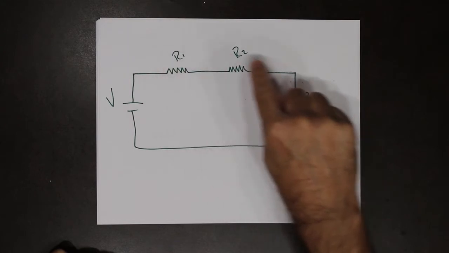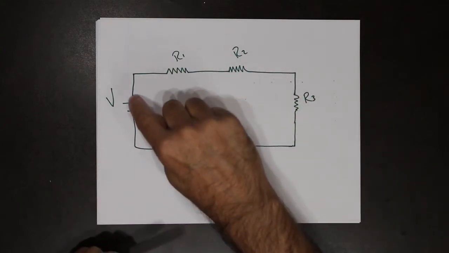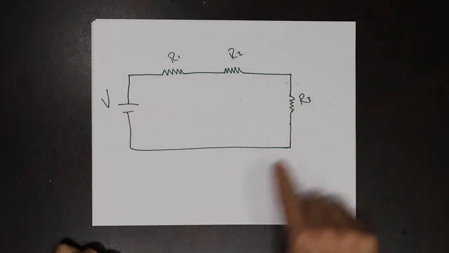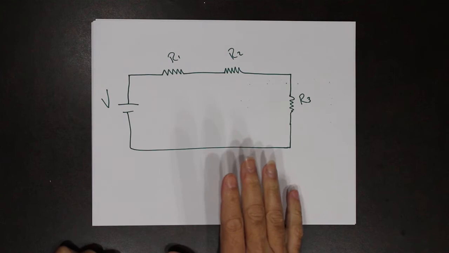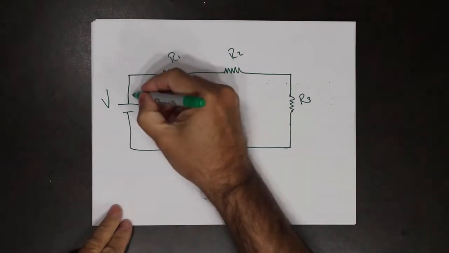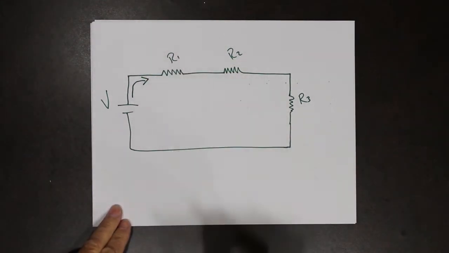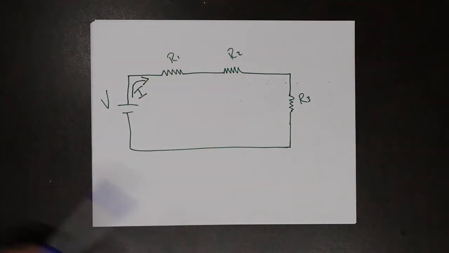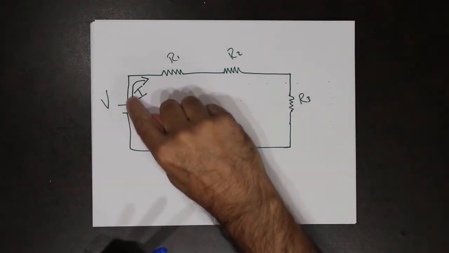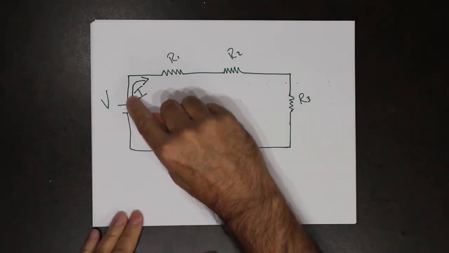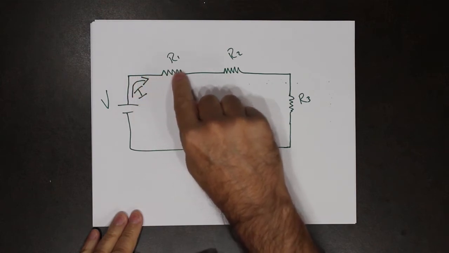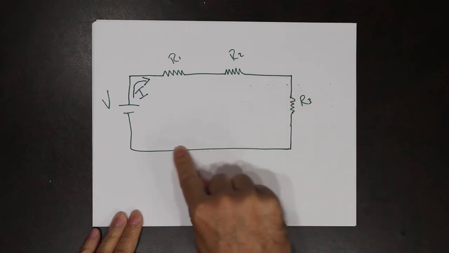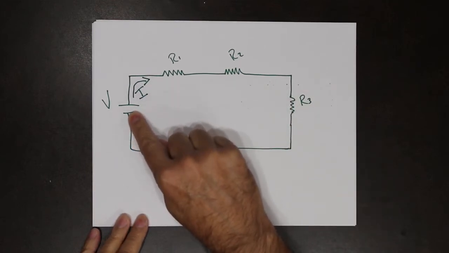Since we have a closed loop, so that means from the positive side of our battery all the way around to our negative side of the battery, there is a loop. So electrons can flow. So therefore, we can have current. So current is able to flow. So the current leaves the power supply and flows through the wires, through this resistance, through this resistance, through this resistance, and then makes it all the way back to the power supply.